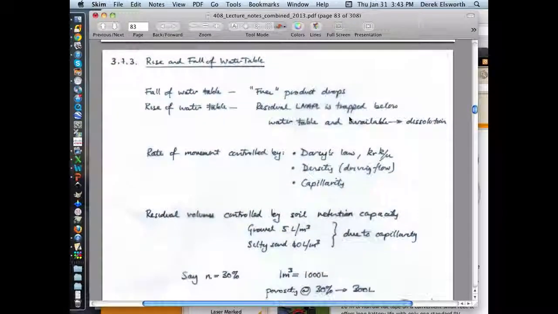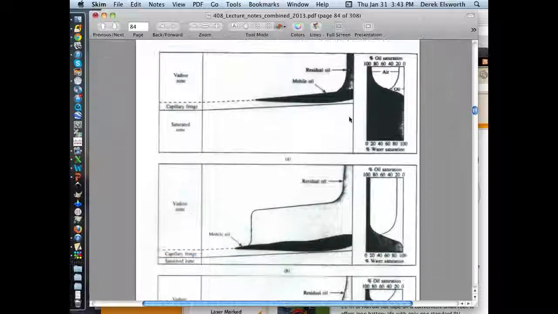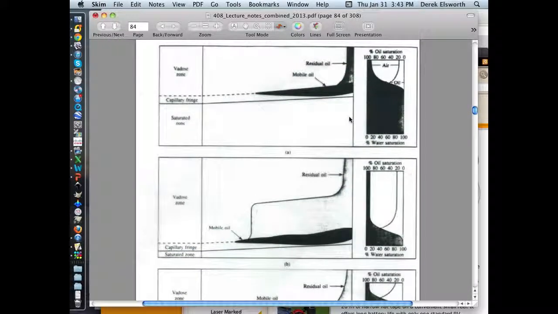And so just to close out, I think the final topic in dealing with LNAPLs is the other thing that you could imagine would be not very good: the fact you could change the smear zone. And I think it's shown very nicely in this little sequence here. If you have free product sitting on the water table, you have this lens that covers the water table, right?